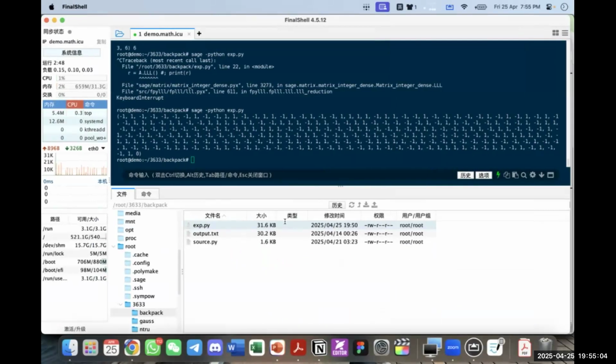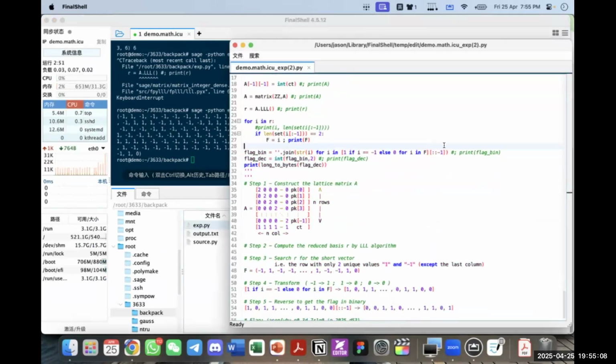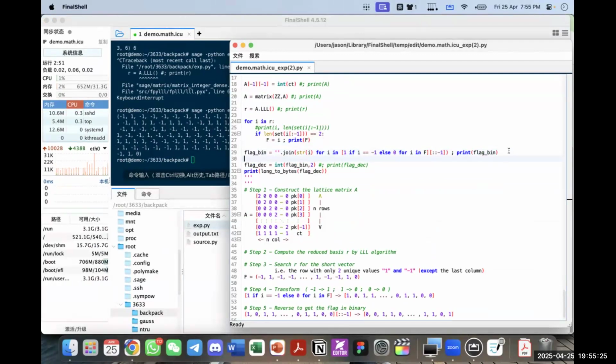Okay, so in the exploitation, we first do the conversion. Then we do this one.